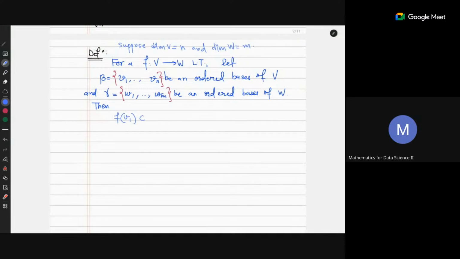This belongs to W, because the function takes a vector in V and gives you a vector in W. Now, because it is a vector in W, I can express f of v1 as a linear combination of the basis of W. So let's say these are the coefficients that you get.